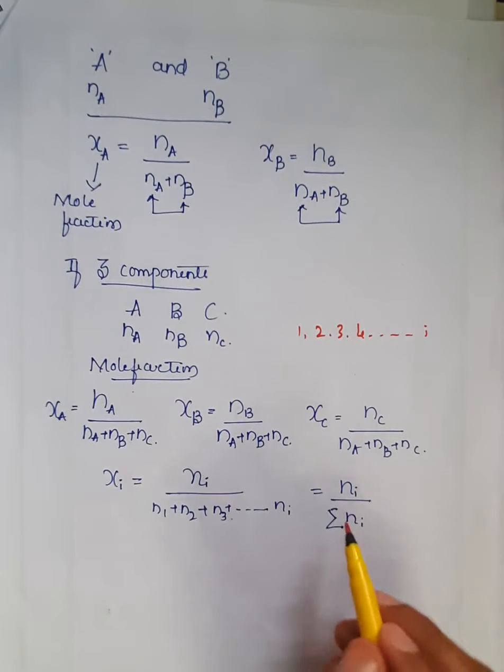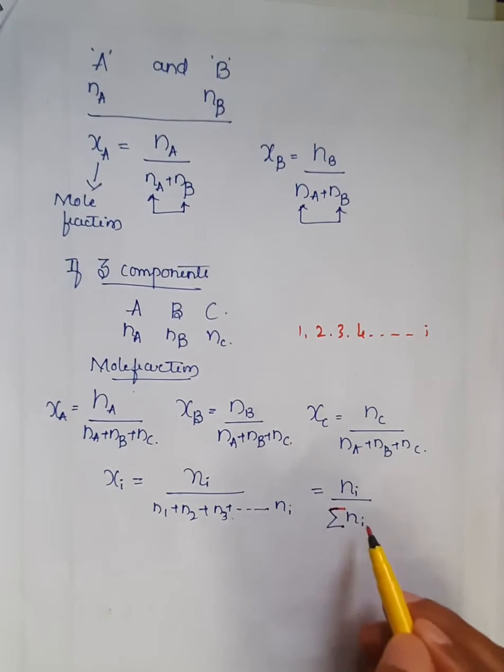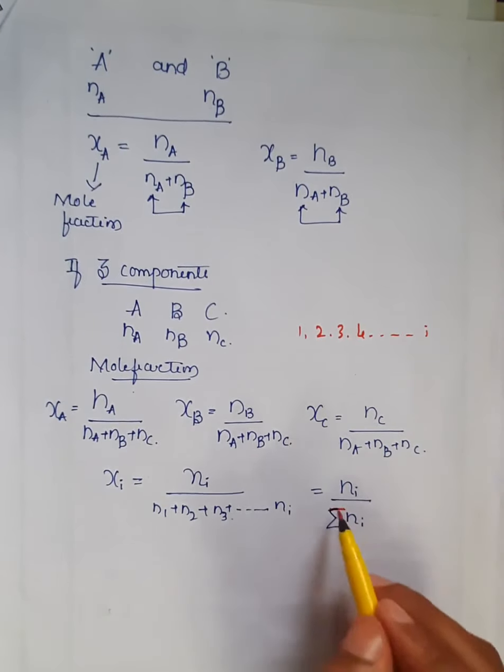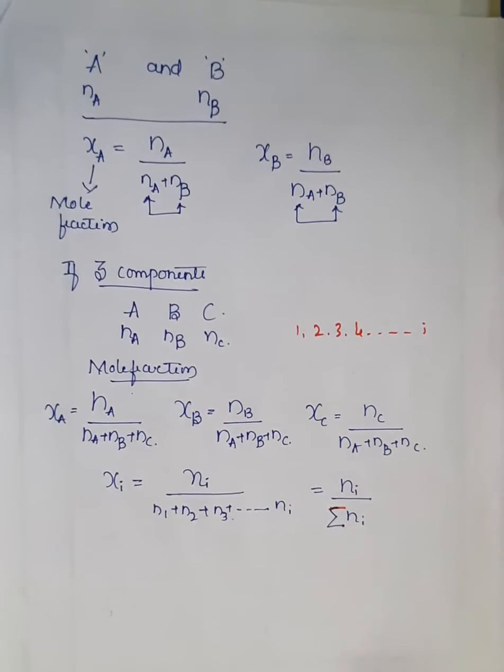So you can write it as ni divided by the summation of ni. Summation means continuous addition of the given terms, n1 plus n2 plus n3 and so on up to ni. Like this you can calculate the mole fraction.